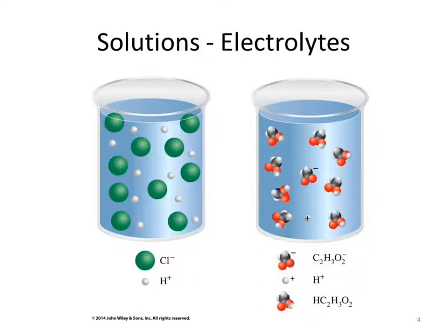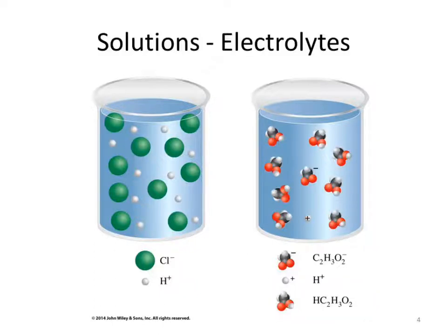Here's a picture. You can see this is what the hydrogen and the chloride ions look like. This is what the acetate and the hydrogen ions look like. And this is what the acetic acid molecules look like.